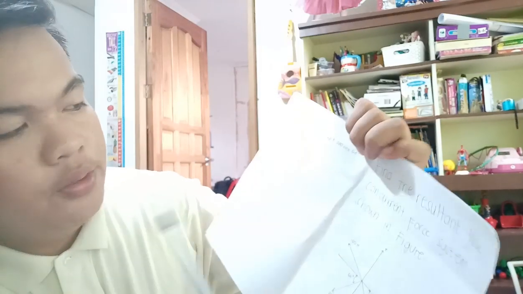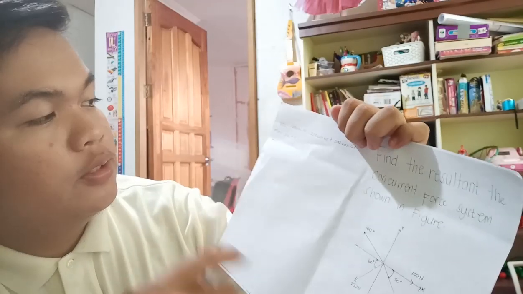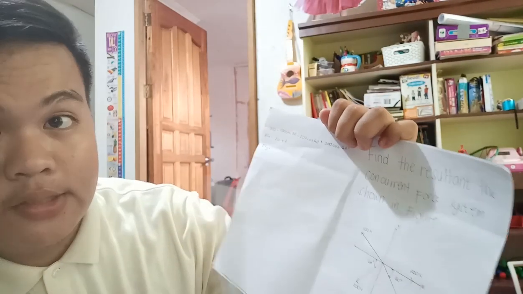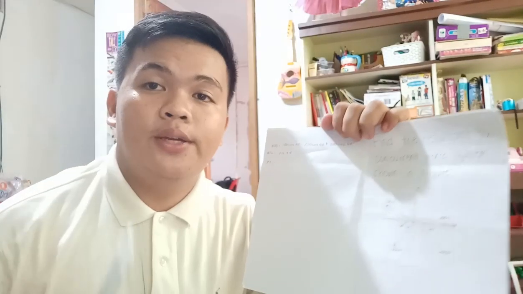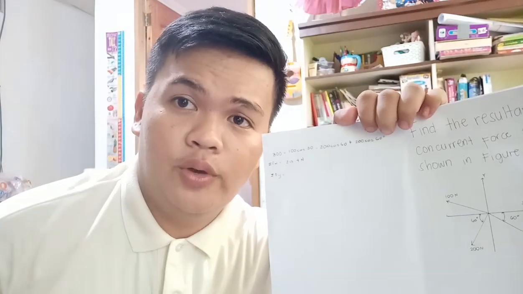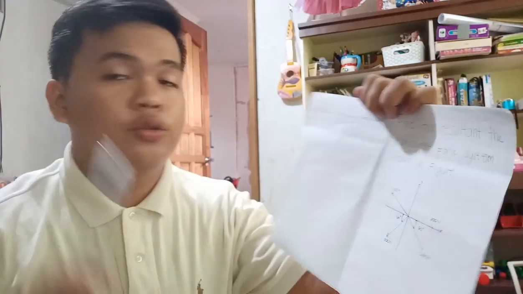So the summation of forces in the y-axis is equal to 100. Oh, by the way, guys, I forgot. If you are getting the summation for the x-axis, you will use cosine. But if you are finding the summation for the y-axis, you will use sine.